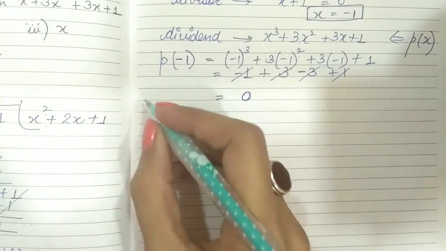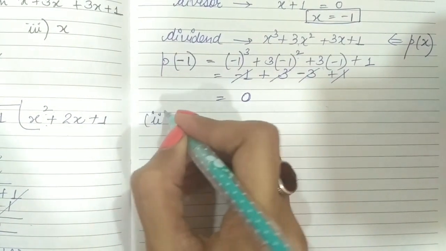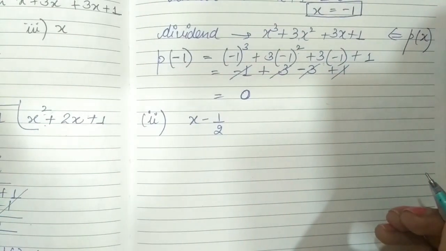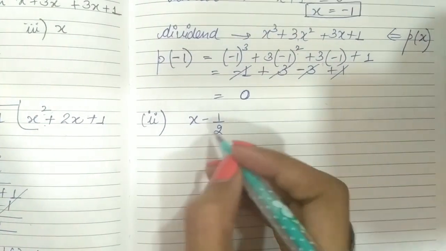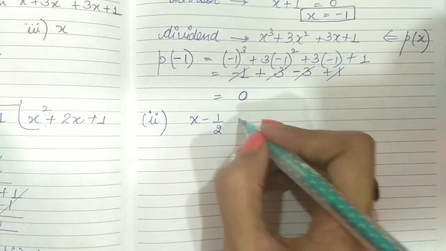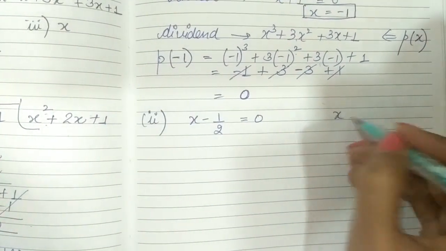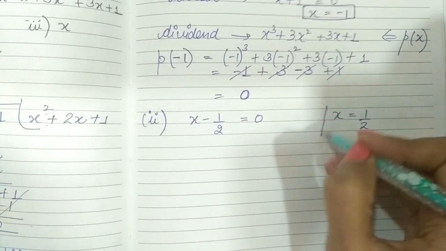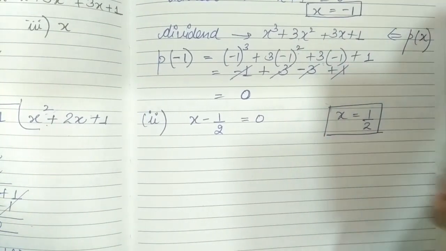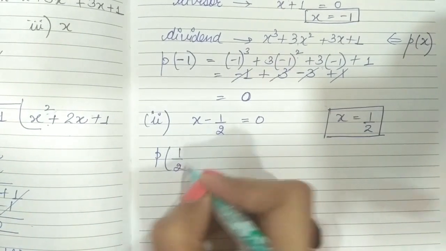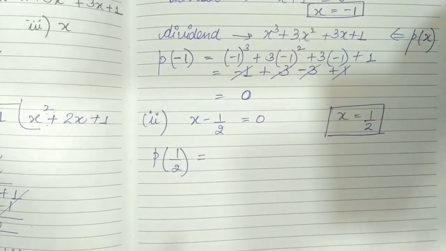In the second part, our divisor is x minus 1 by 2. First we have to find the zero of this linear polynomial. So just equate it to 0. So x equals 1 by 2 is the zero of the linear polynomial. Now put the value of x equals half in the dividend.